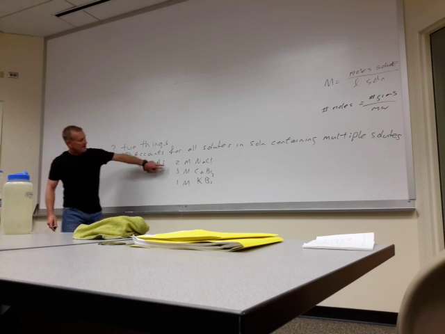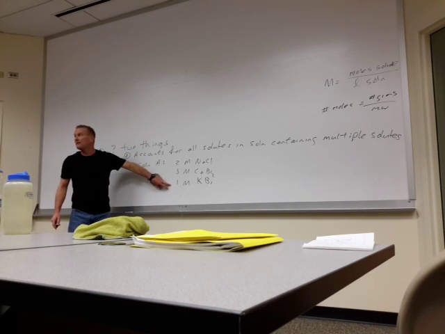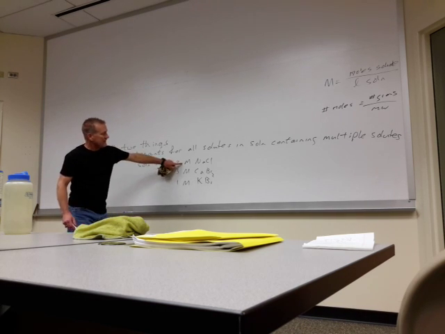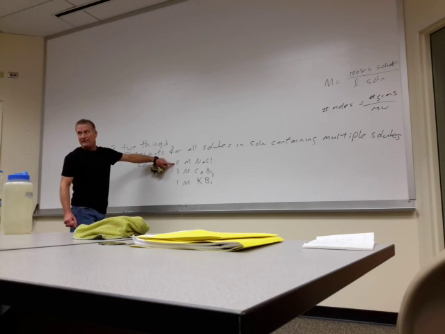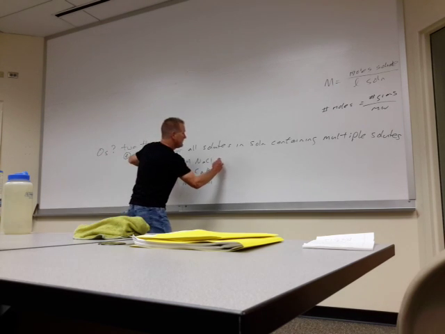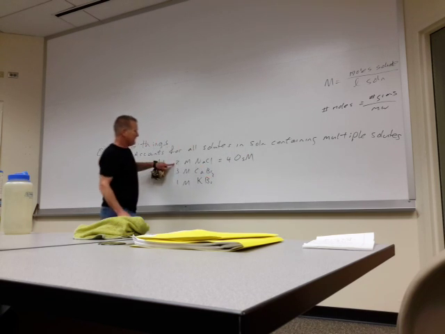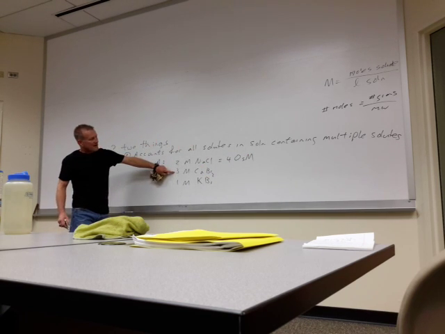Can I say 2 plus 3 plus 1? No. Just like I can't say 1/2 plus 1/3. I need my common denominator. So what's the osmolarity of the 2 molar sodium chloride? 4. Big O, small s, big M. The calcium bromide, how many ions are there?